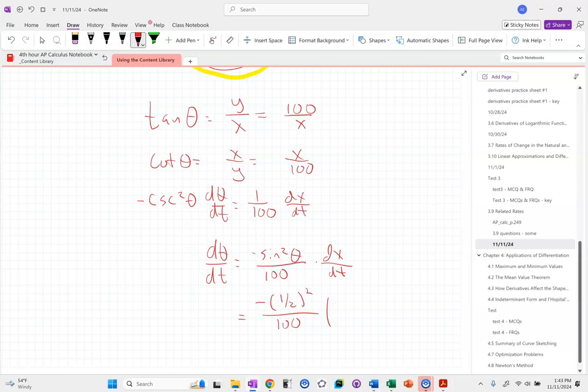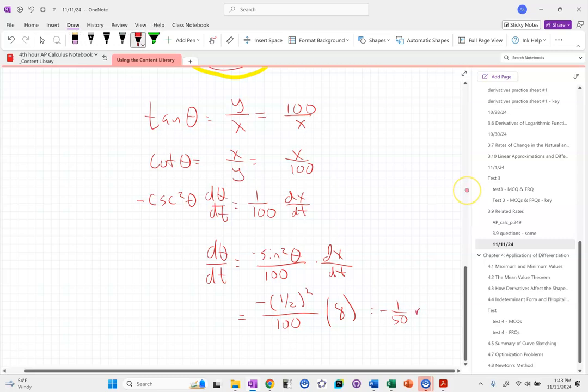It's 8. And so what is that? Negative 1 over 50. What was my unit there? Per second. Okay.